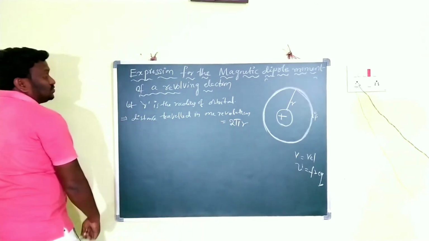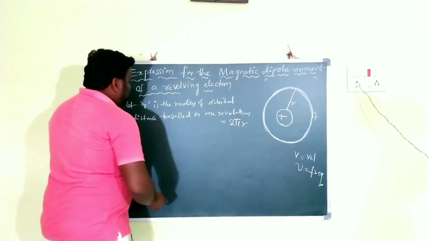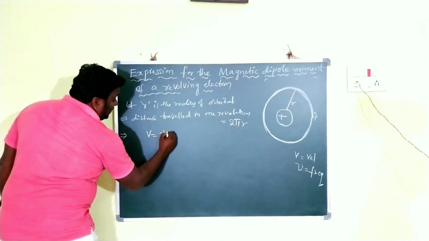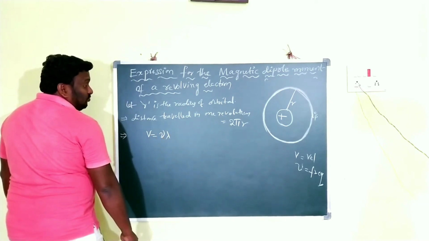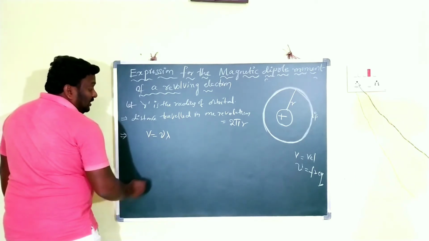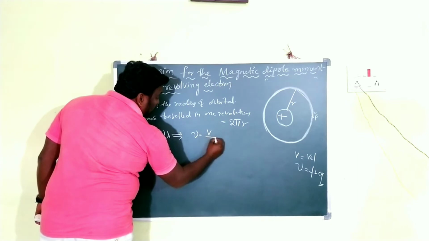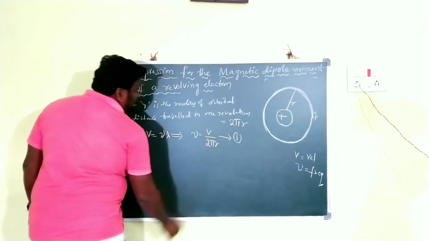Already we know the relation between velocity and frequency is v is equal to nu lambda. From that, nu is equal to v by 2 pi r. This is equation number 1.